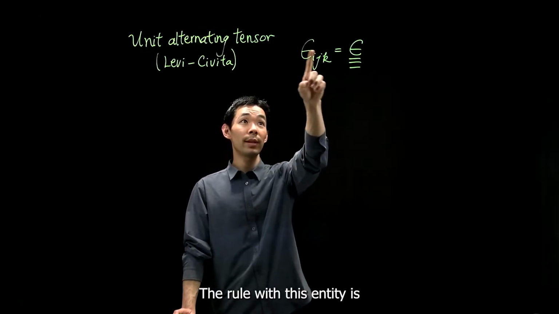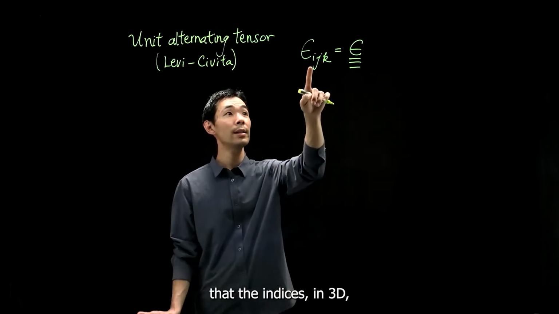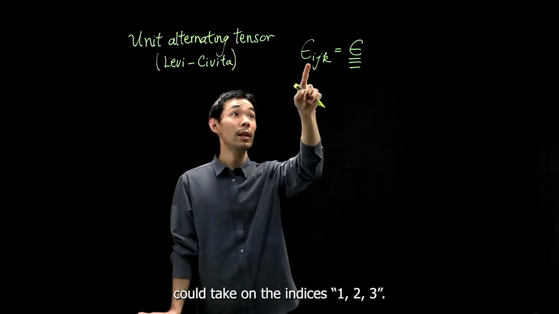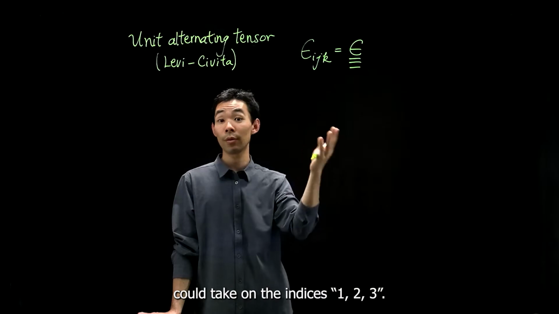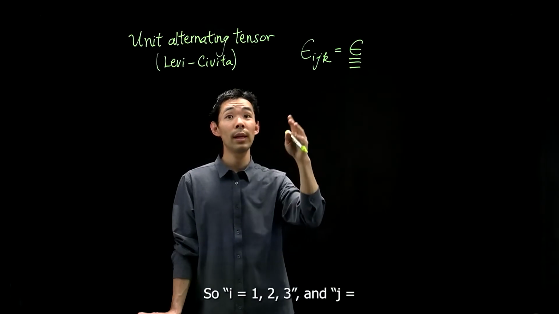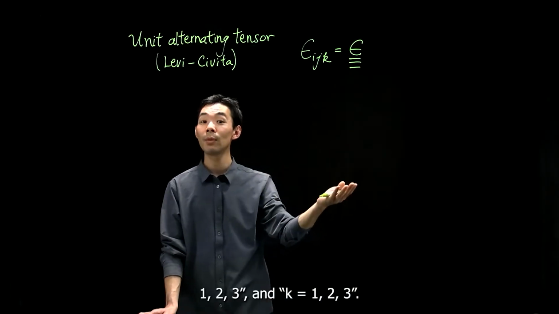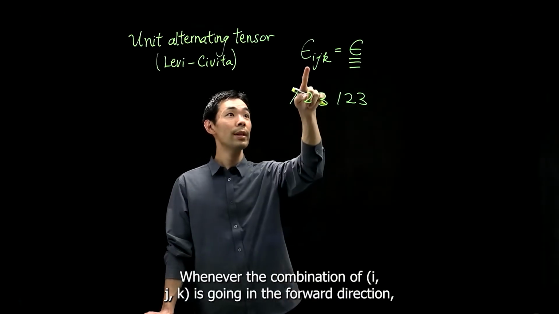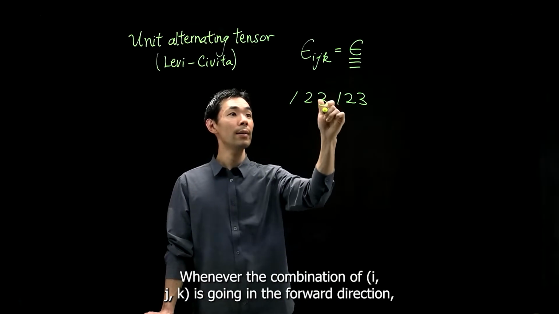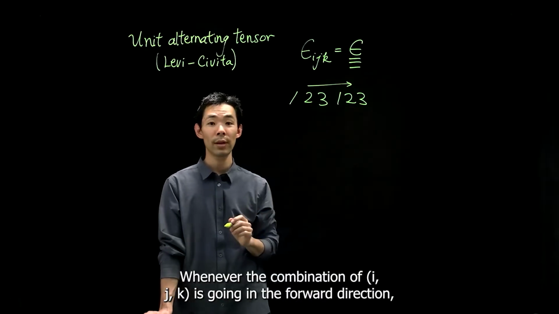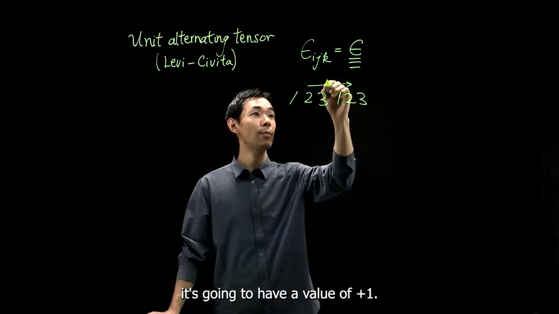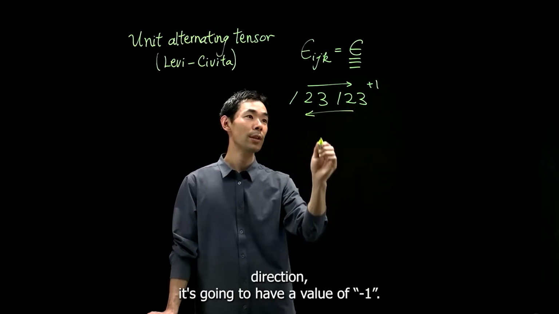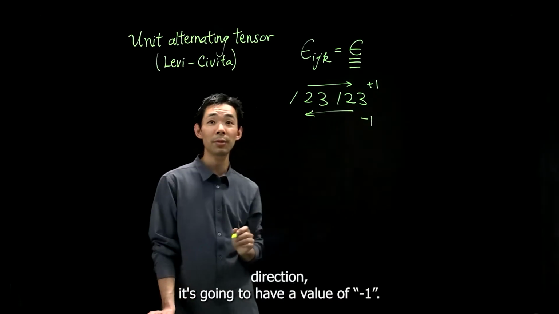So the rule with this entity is that the indices i, j, and k, for example in 3D, could take on the indices 1, 2, or 3, right? So i can be 1, 2, or 3, j can be 1, 2, or 3, k could be 1, 2, or 3. So whenever the combination of i, j, and k is going in the forward direction, it's going to have a value of +1. Whenever you're going in the opposite direction, it's going to have a value of -1.